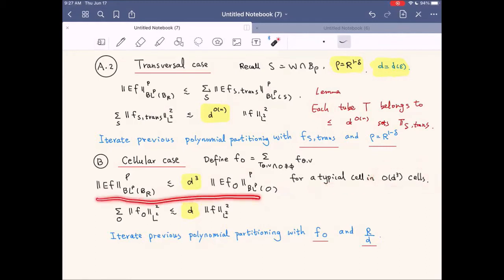So this is a result from the polynomial partitioning. And then we are in the cellular case. The polynomial partitioning tells us that if we are not in the tangential case or transversal case, then we are in a cellular case. And in particular, it says that each single cell is less than average.